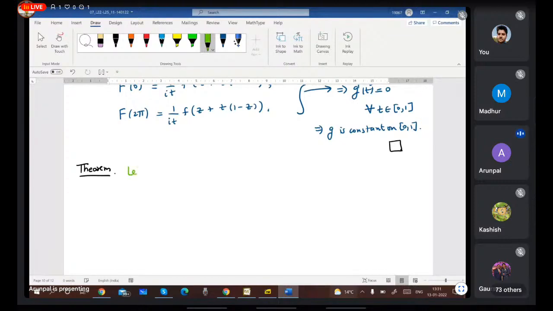This theorem says: let f be defined on this open ball. Of course, it is understood, class, that R is positive. Needless to say, this is understood. f goes into C. Suppose this is analytic.